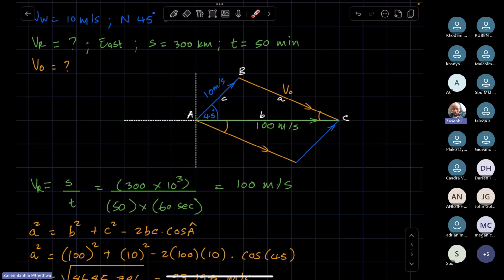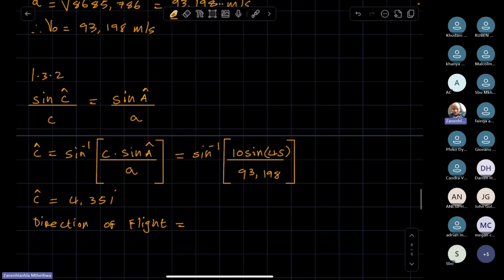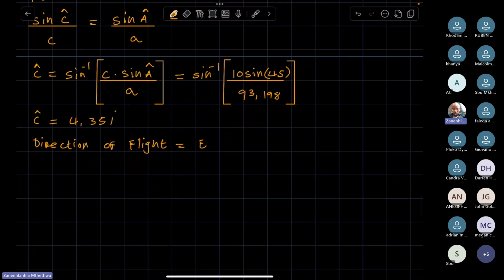If the vector is in the fourth quadrant, the x-axis is east, so this angle is referenced from east. The angle is 43.51 degrees, and it's in the fourth quadrant, meaning that it's south.